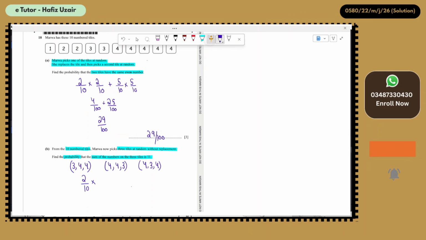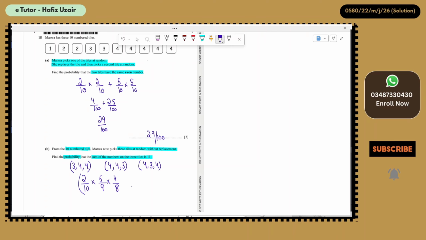Now, as I have picked one tile from here, the total tiles remaining are 9. This is without replacement. Now, what is the probability of getting 4? The probability of getting 4 is 5 by 9, multiplied by. Similarly, now we have 4 tiles with number 4, so that will be 4 over 8.